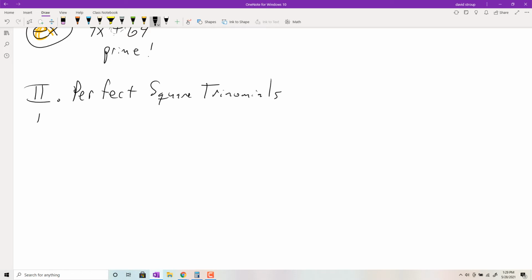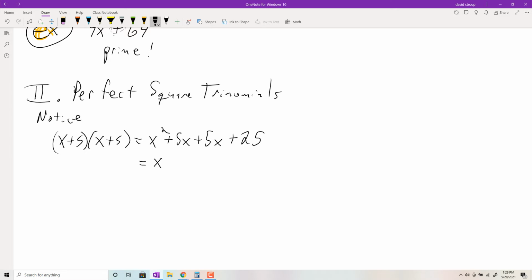And let's just notice the FOIL direction going x plus 5 times x plus 5 and see what happens, right? So first we get x squared. The outer is 5x. The inner, we get the same thing again, 5x. And then the last, 25. Okay.